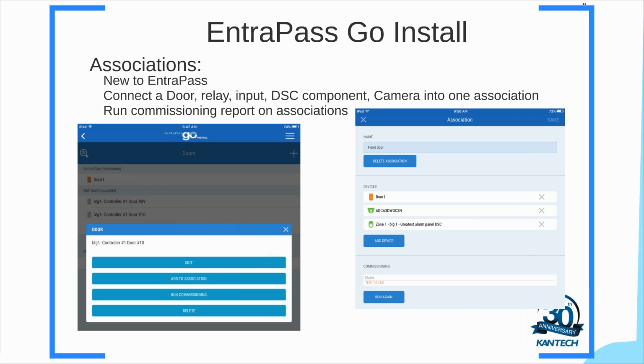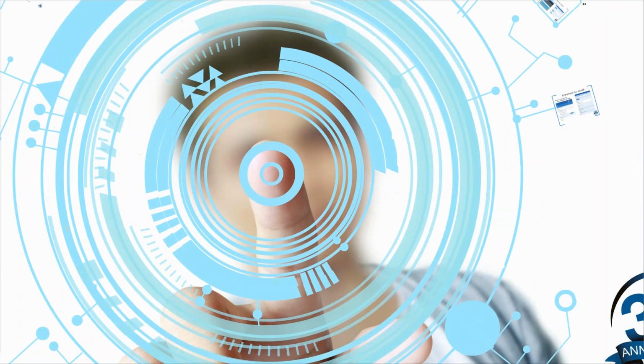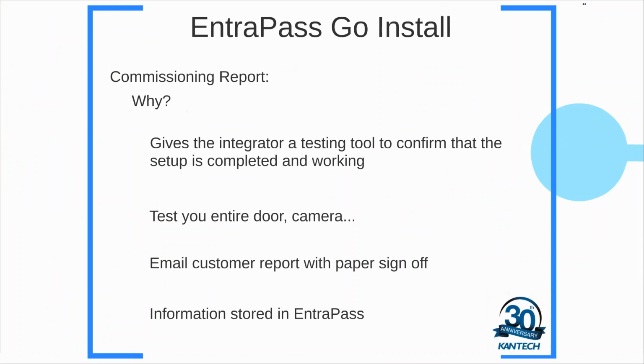And then I can run commissioning reports. I think I've mentioned the word commissioning reports a few times. That's because what is a commissioning report and why? We all test our doors and we all test our settings, yeah?